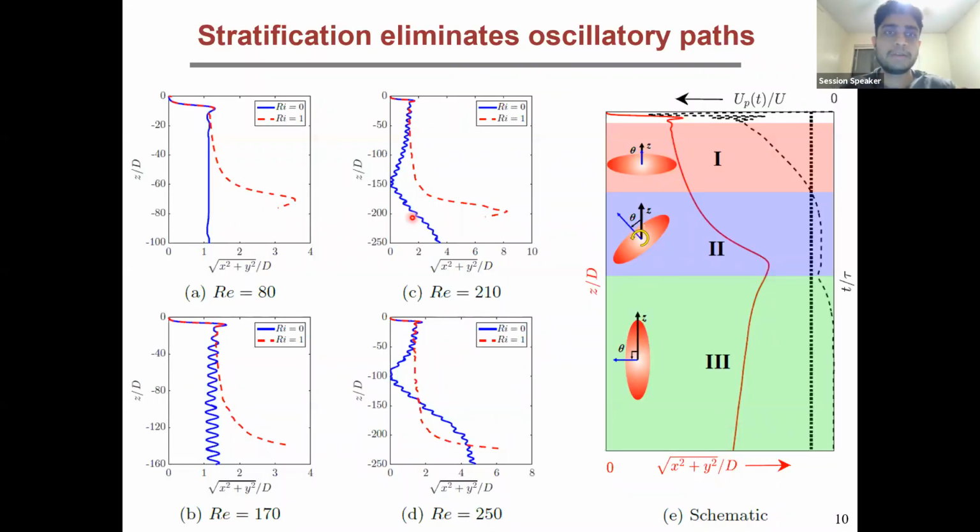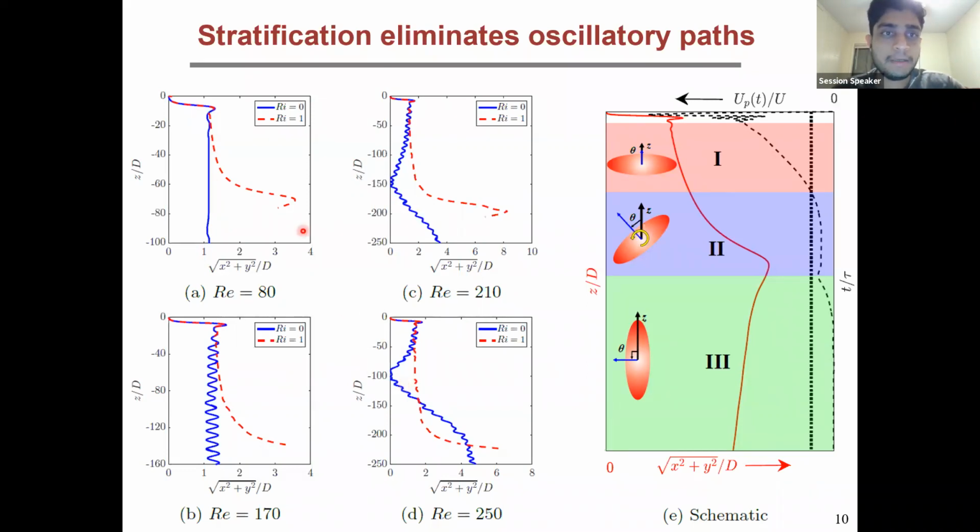Next, we also compare the settling trajectories of these spheroids in a homogeneous and a stratified fluid, as shown here. The blue line here is the trajectory of an oblate spheroid in a homogeneous fluid at different Reynolds numbers. As you can see, the settling path is oscillatory for higher values of Reynolds number.